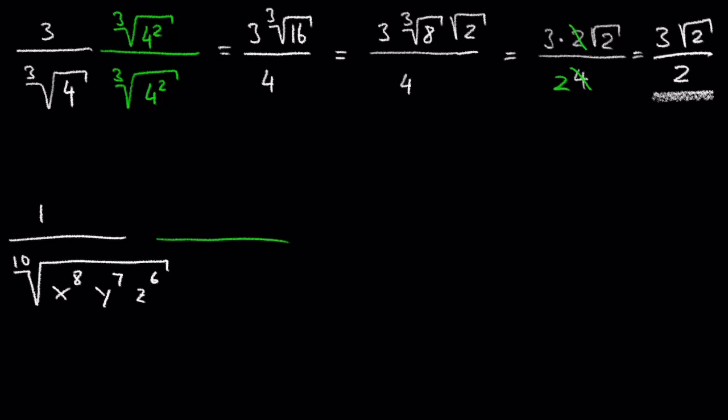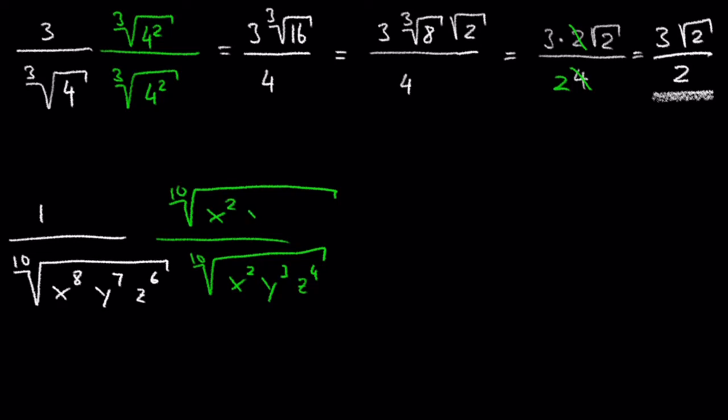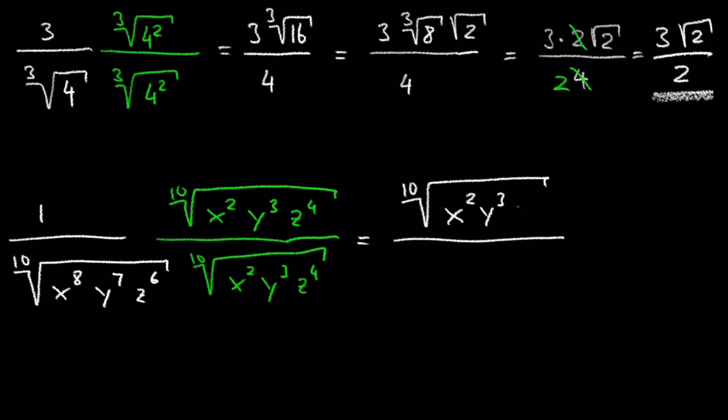After multiplying with the 10th root of x to the 2 times y to the 3 and z to the 4, we get in the numerator the 10th root of x squared times y to the 3 times z to the 4 and in the denominator the 10th root of x to the 10 times y to the 10 times z to the 10.